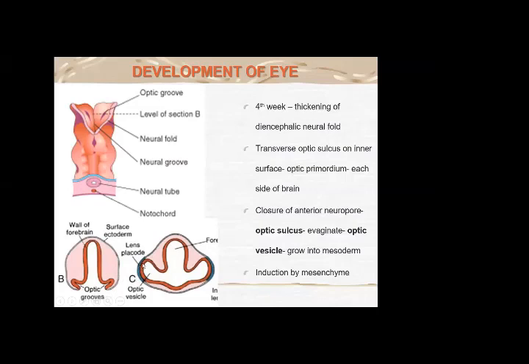Why is the optic vesicle formed? It is formed because this mesenchyme induces the forebrain to grow deeper and become this structure, which is the optic vesicle. The optic grooves are induced by the overlying mesenchyme to develop into optic vesicles.